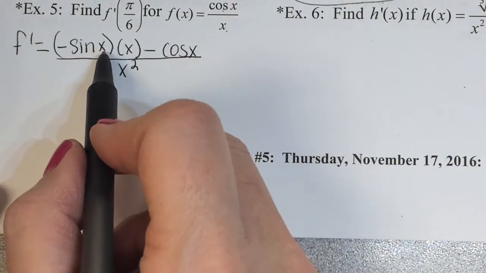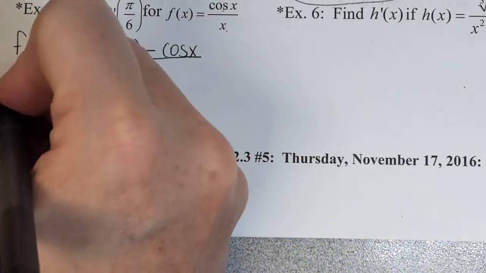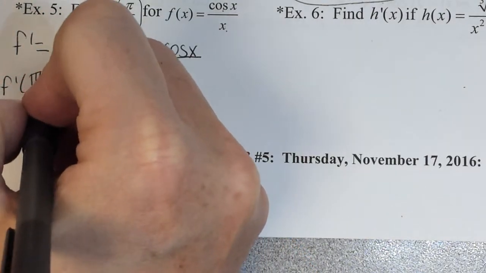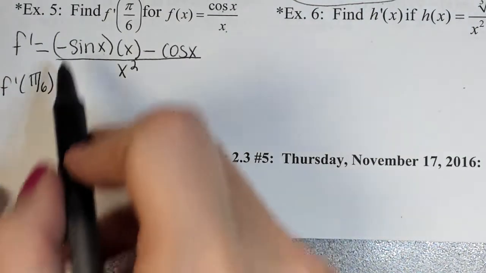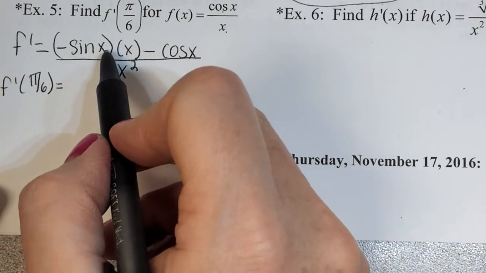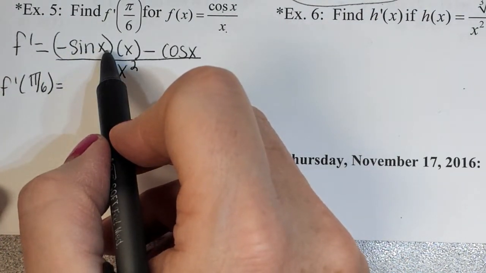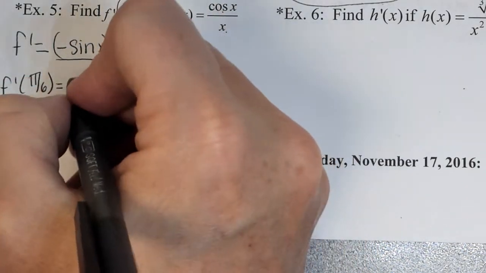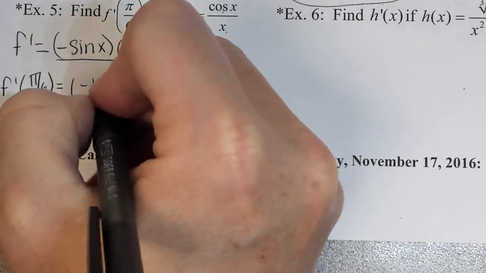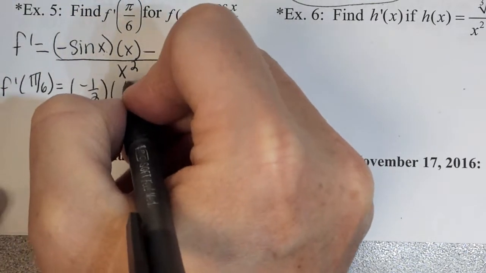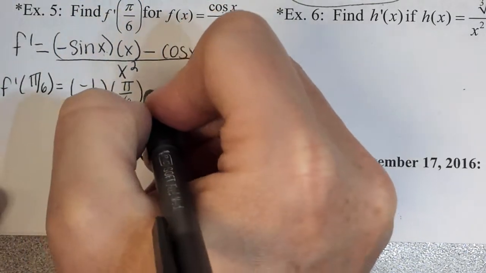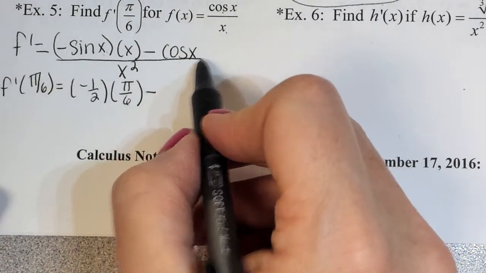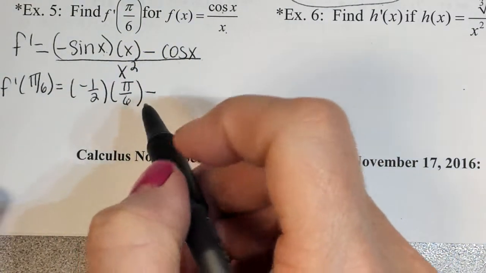So on this one, I have to plug in pi over 6 now. So f prime of pi over 6, that's going to mean the slope at pi over 6. What's the sine of pi over 6? 1/2. So it says to make it negative, so it's going to be negative 1/2 times x, which is pi over 6, minus, and then what's the cosine of pi over 6?